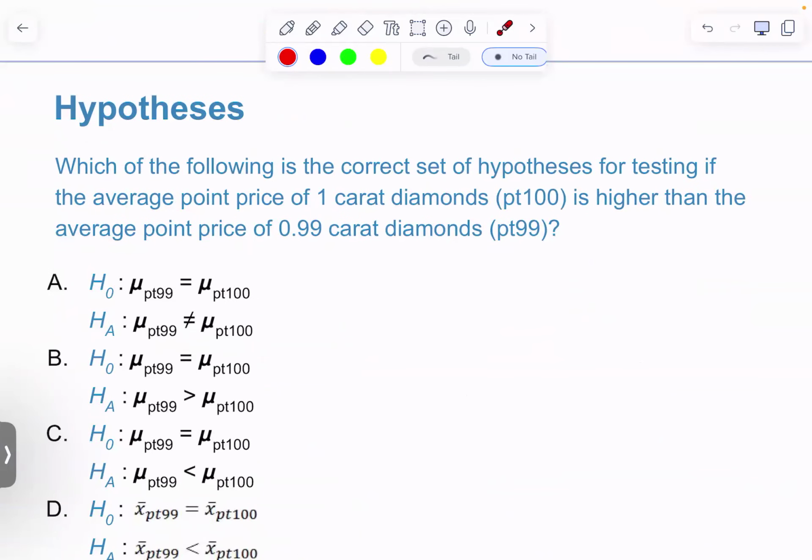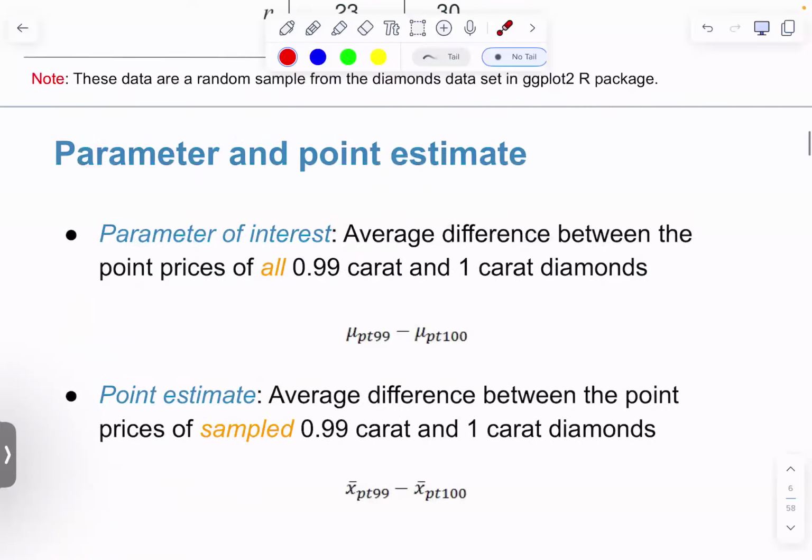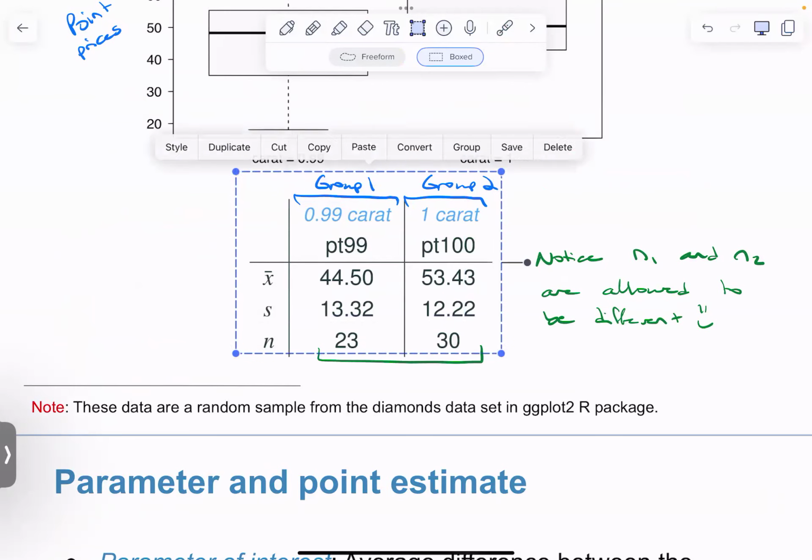Which of the following is the correct set of hypotheses for testing if the average point price of 1 carat diamonds is higher than the average point price of 0.99 carat diamonds? They've done it in a weird order, but looking at the options here, they've got the 99 pointers on the left and the 100 pointers on the right.